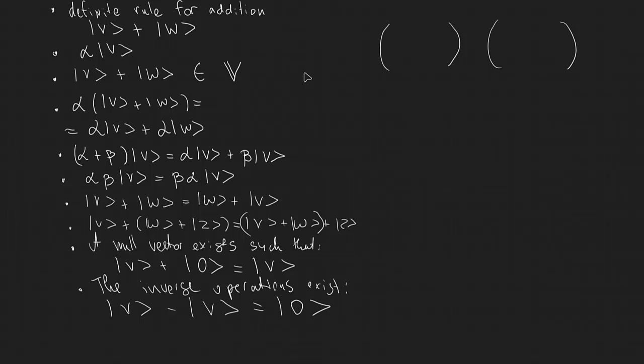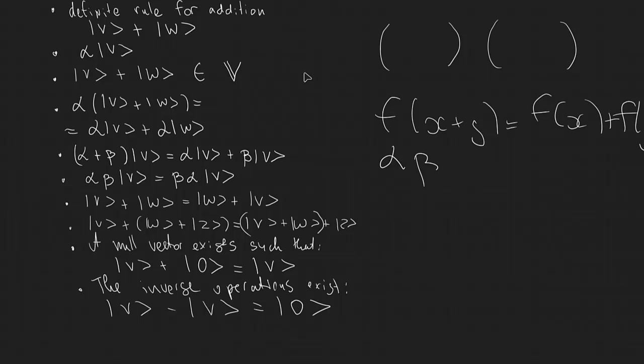You can also have the set of functions, linear functions, that obey those rules, that, let's say, f of x plus g is actually equal to f of x plus f of g, that alpha times beta times f of g is equal to beta times alpha times f of g, etc. So a vector space is a collection of objects which are not necessarily arrows.